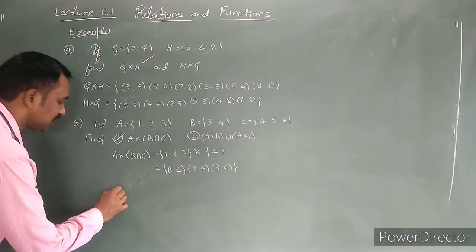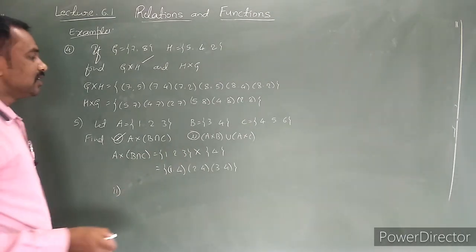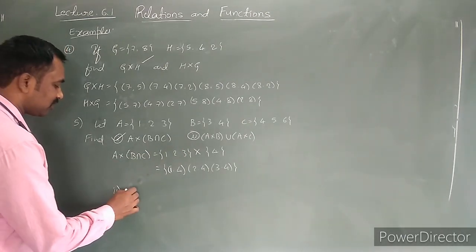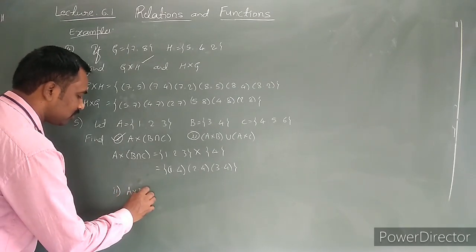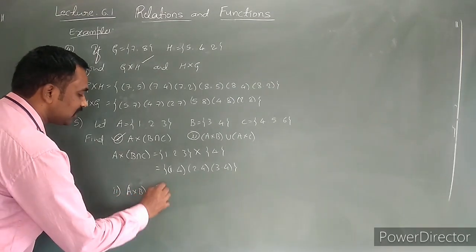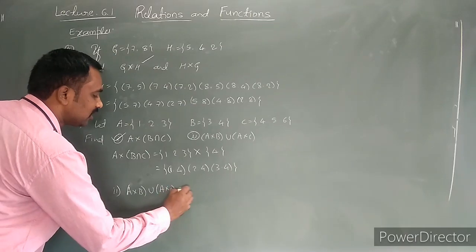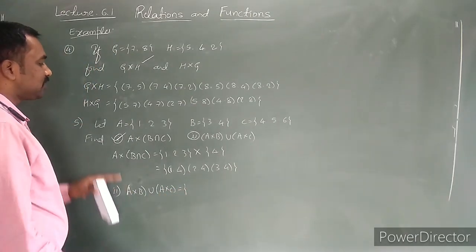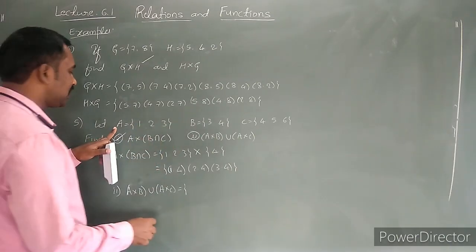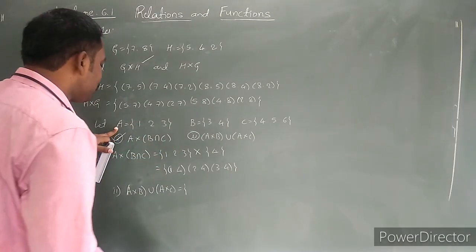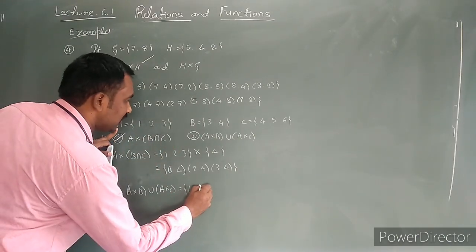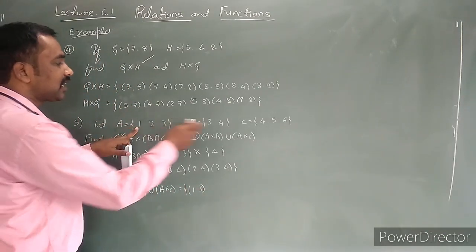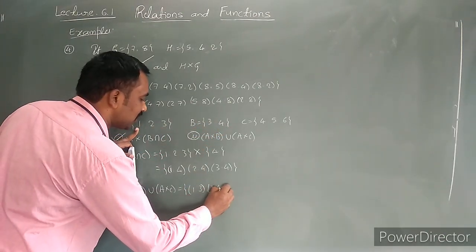Second case. What is the second case? A cross B union A cross C. Just write the ordered pairs. This is the set, ordered pair is that A cross B. Write the elements which are present in A cross B. Fix the 1, write all the elements: 1, 3; 1, 4.